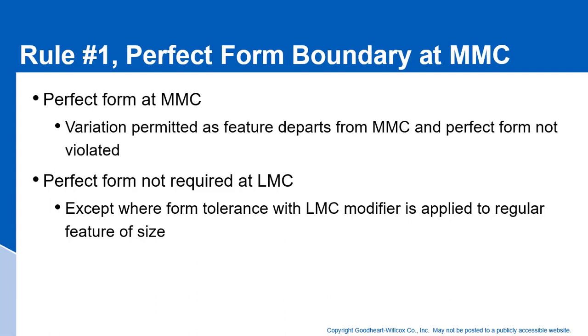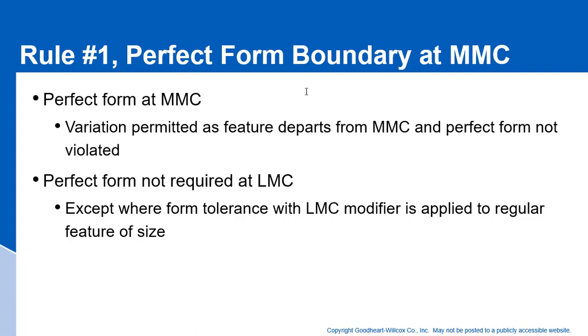And an MMC modifier would be something that appears in the tolerance block of a feature control frame, and an MMB, maximum material boundary modifier, would appear in a datum reference. But what you need to understand about GD&T is that when you're using MMC modifiers, what you're really doing is assuring that your parts are going to fit properly, that they'll be able to be assembled.